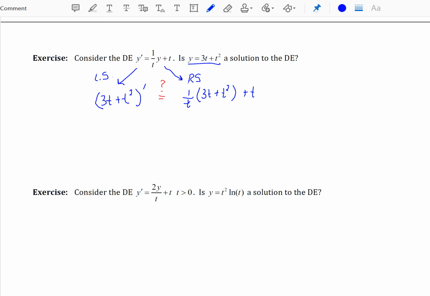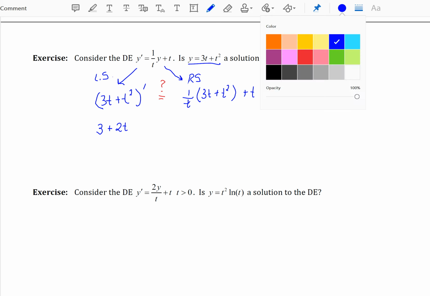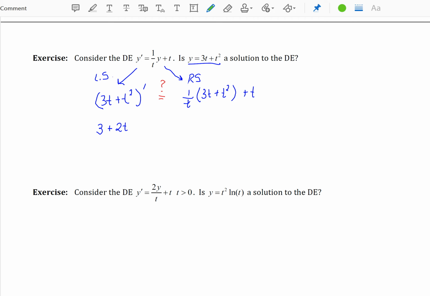Okay, so left-hand side, we'll take the derivative. The derivative of 3t plus t squared we know is 3 plus 2t. Right-hand side, here we probably want to do some algebraic simplification.